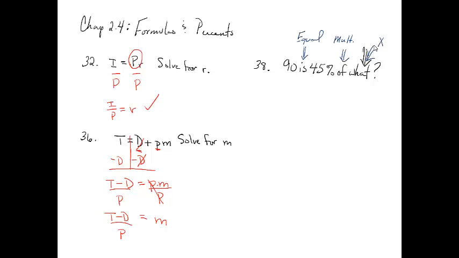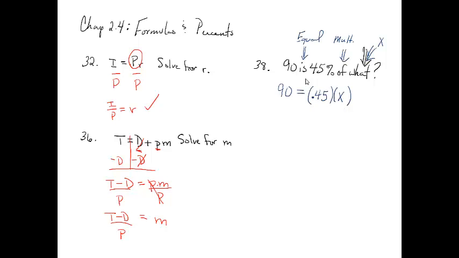I'm going to call it x. So I'm going to take this sentence, read it, and write it as I read it. So this says 90 is, well, what's is in math? It's an equal sign. 45%, well, I'm going to change that 45% into a decimal. So it should be 0.45. Of, well, of means multiply. Multiply by what? X. So 90 equals 0.45 x.